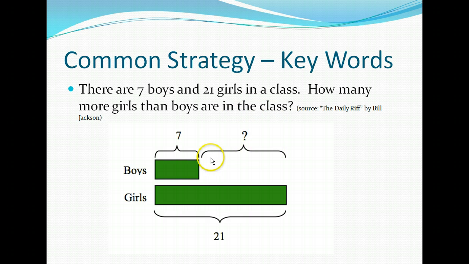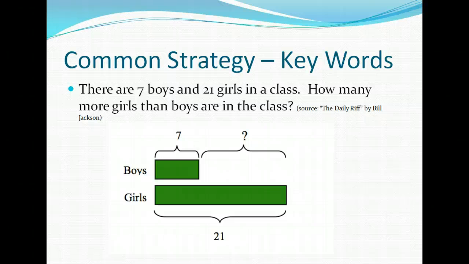We're trying to find the length of this extra space right here between the 7 and the 21. And so that would be 14 because 7 plus 14 would make 21. So to get the 14, you actually have to subtract 7 from 21. So this is actually a subtraction problem despite having the word more in it.